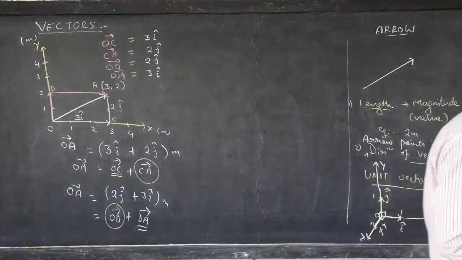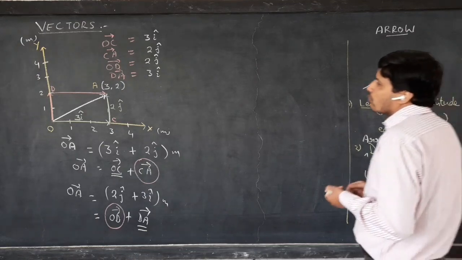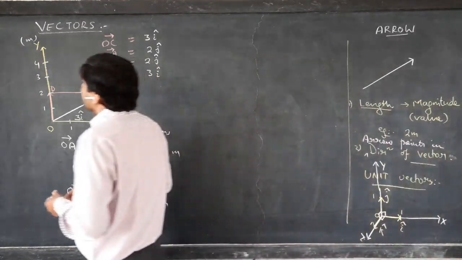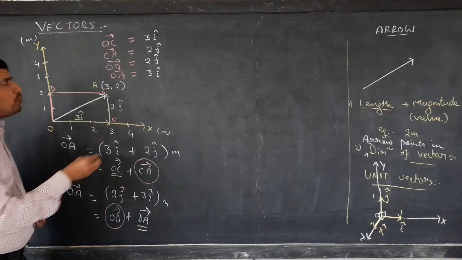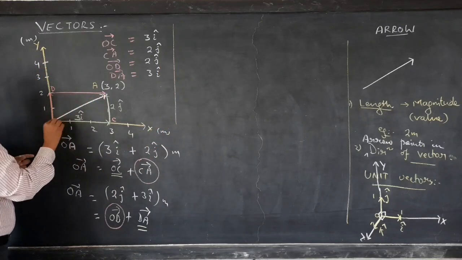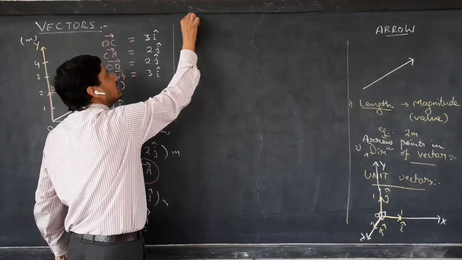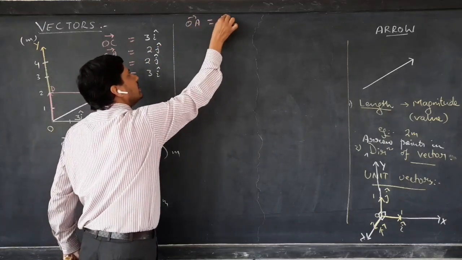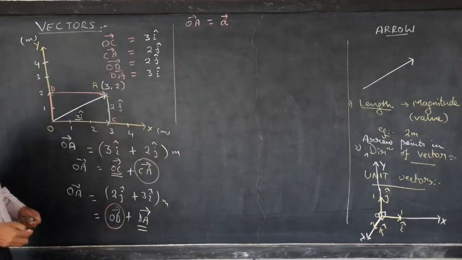So these are some very introductory ideas about vectors. Now we will proceed further to addition of vectors and components. But before we learn addition of vectors, this only I would like to elaborate more. We can associate some name to this vector. OA vector, I'll call it small a vector. When you write a vector, we put an arrow mark over its symbol.